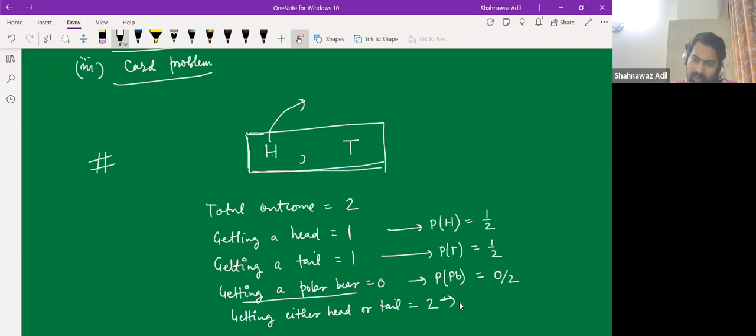And the probability of getting either head or tail is 2/2.